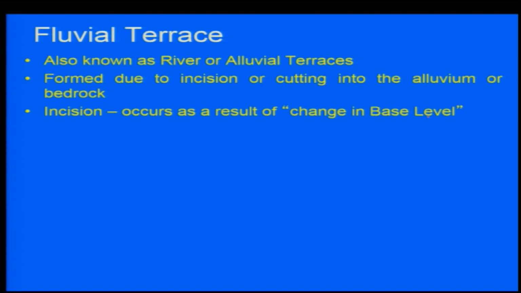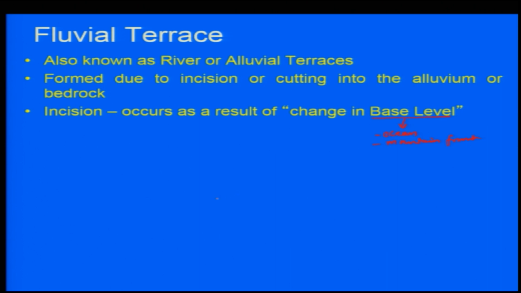This is what I was talking about: if there is a sudden change in the base level, the base level could be your ocean or could be your mountain front. These are the two which we should take into consideration when we are talking about the base level.